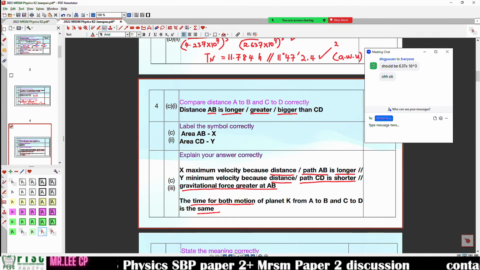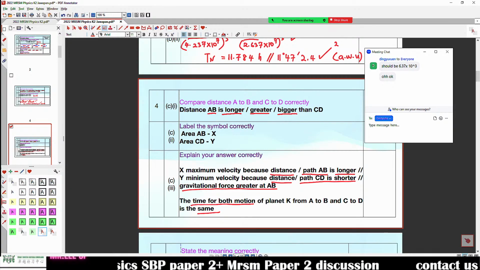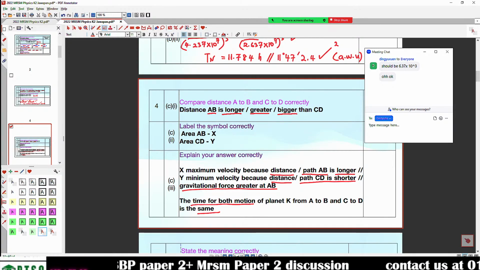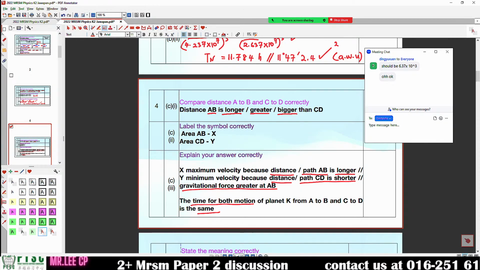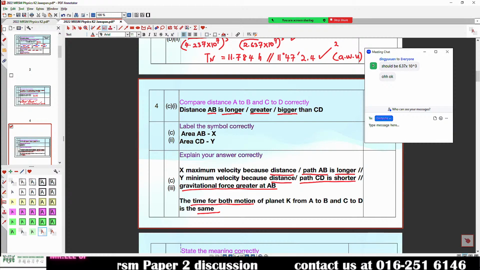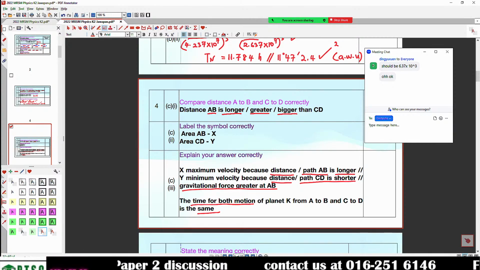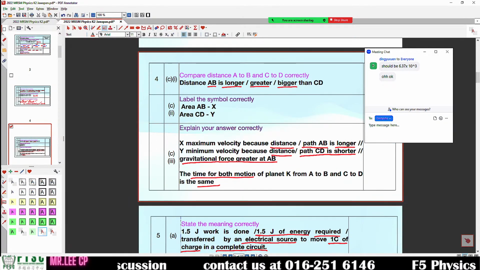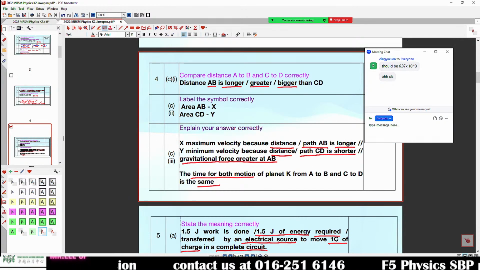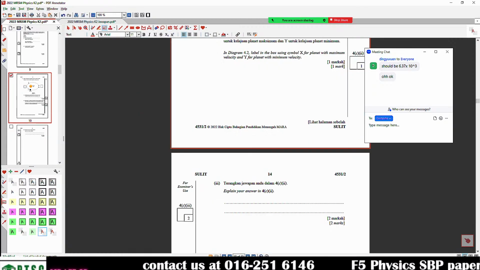Or you can answer gravitational force at AB is stronger. So the time of the motion of K from A to B and C to D is the same, which is Kepler's second law. Equal area in equal time.